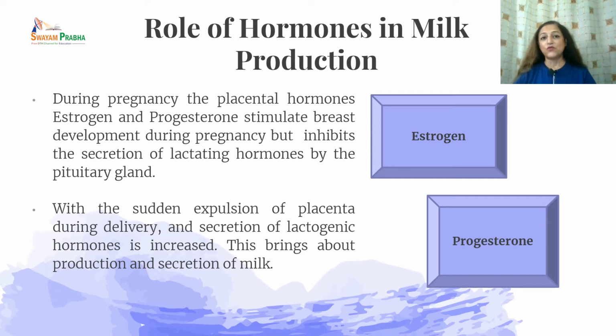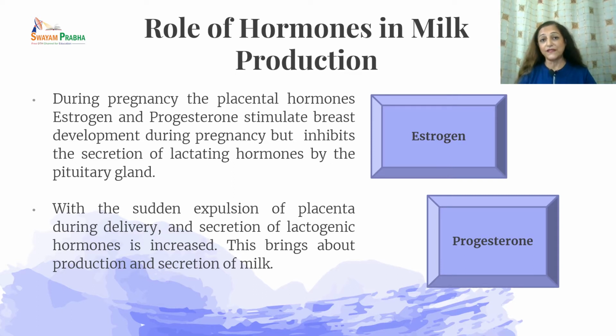Now let us see what the role of various hormones in milk production is. Before the child is born, there are two hormones which play an important role in this process. These hormones are estrogen and progesterone. They stimulate breast development during pregnancy.